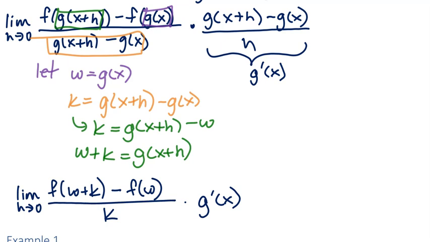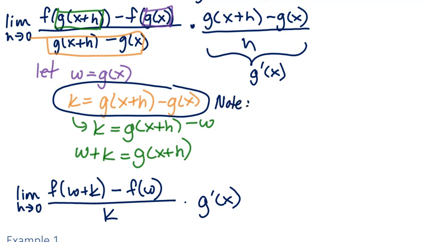If I go back up to where I defined k, right here, notice that as h goes to 0, this entire expression also goes to 0. So k goes to 0. And all I'm saying there is if this number becomes infinitely small, you basically have g of x minus g of x, which is 0. So really in this limit I wrote, saying h goes to 0 is the same as saying k goes to 0. Both will happen. If one happens, the other happens.